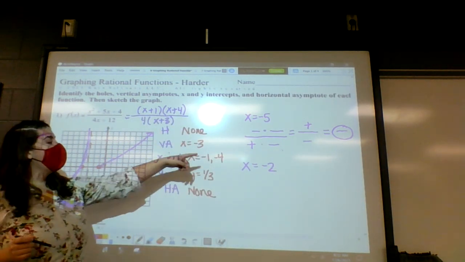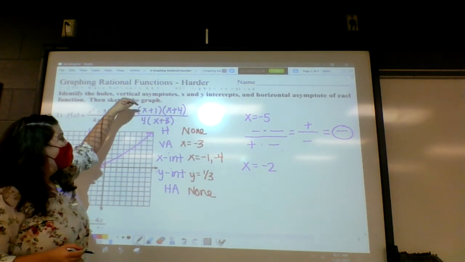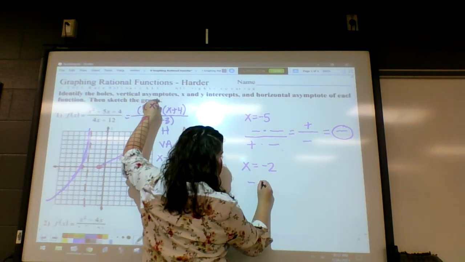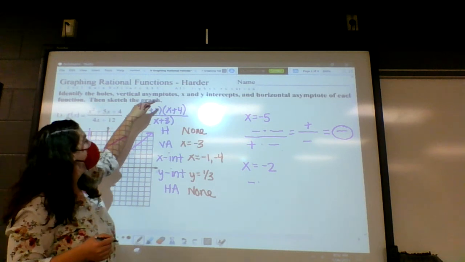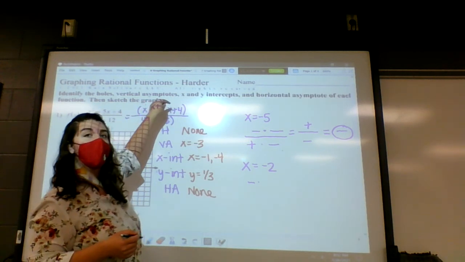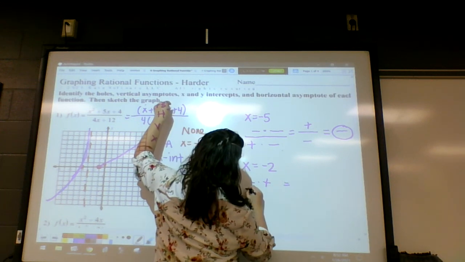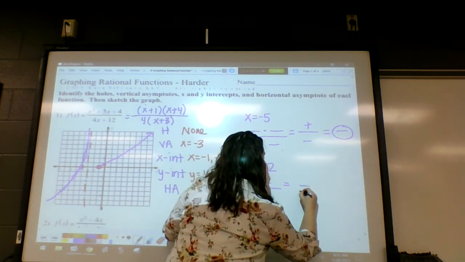When you plug in negative 2, it's much easier to figure out positives and negatives in factored form, right? Negative 2 plus 1 is a negative. We don't care what number, we just care that it is a negative. Negative 2 plus 4, that's a positive. So on the top, negative times positive is negative.